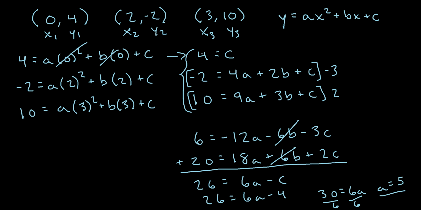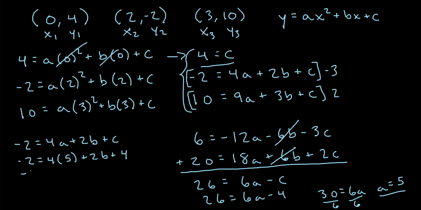So a is 5, c is 4, so we can plug in a and c into any of these original equations and solve for b. Let's choose this middle one where we had -2 = 4a + 2b + c. We said a is 5, so -2 = 4 times 5 plus 2b plus c, and c we said was 4.